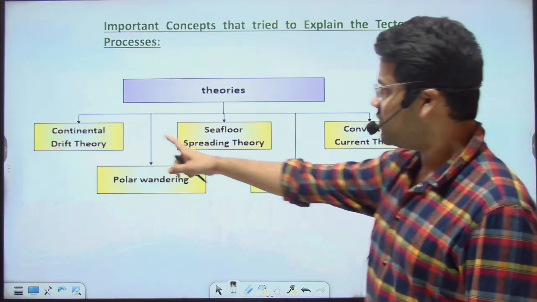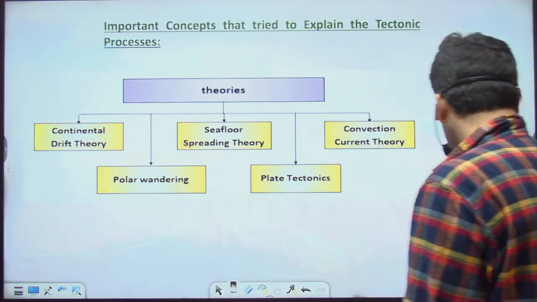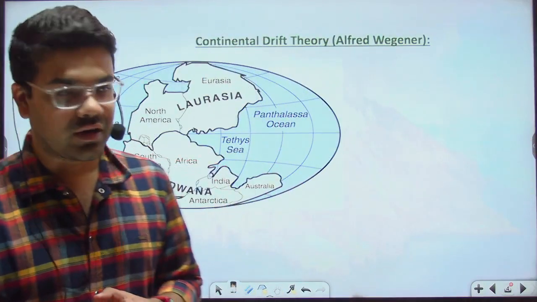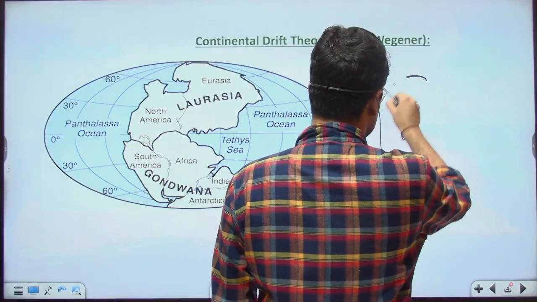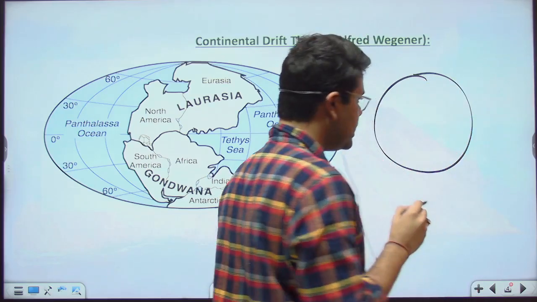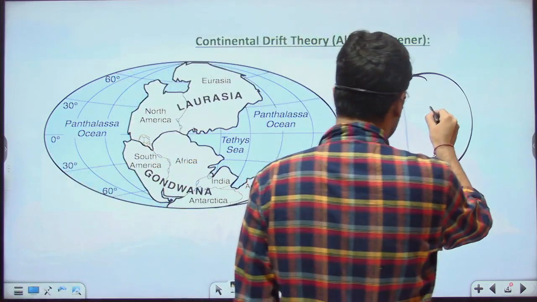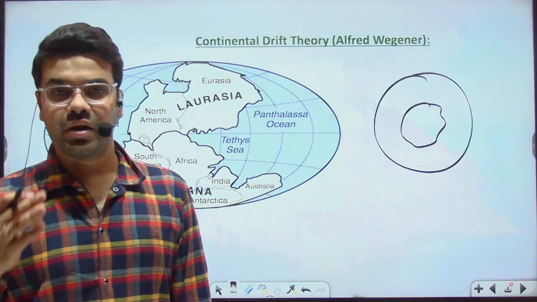The first theory that we are going to understand is continental drift theory. Who gave this theory? It was given by a German geographer, Alfred Wegener. What did he say? He said that in the ancient period there was only one supercontinent, technically in the pre-Carboniferous era, millions of years ago.